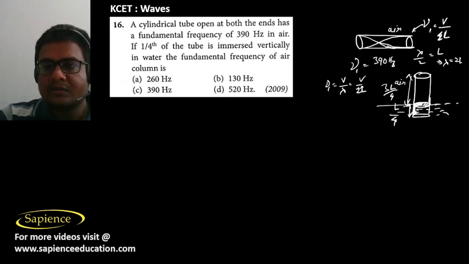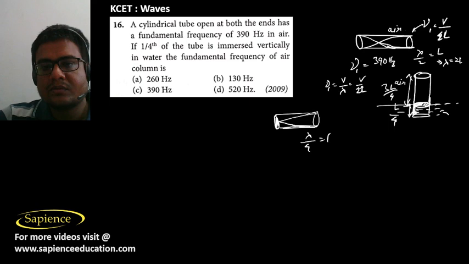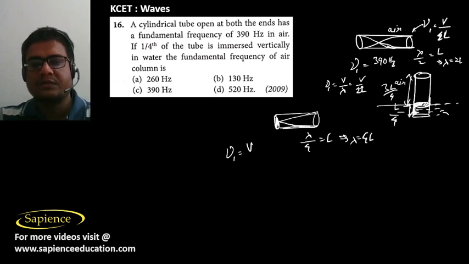And when we have a closed end organ pipe, the fundamental frequency of vibration would be like this. So here we have lambda by 4 equal to L, lambda equal to 4L, and the fundamental frequency is V by 4L.